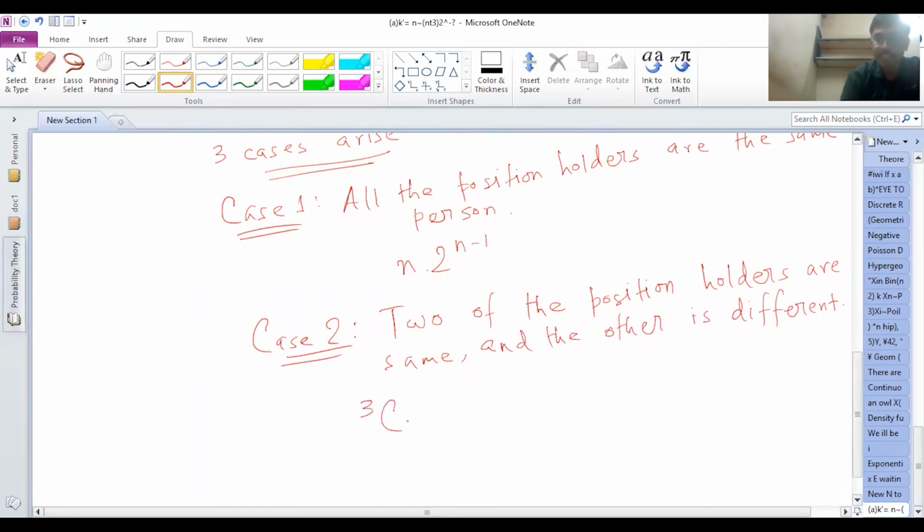That can be done in 3C2 ways. Now we have to choose the person who holds that position. That can be done in n ways. Next, we choose the person who holds the remaining position. That can be done in n minus 1 ways. As for the remaining n minus 2 people, they can either be in the committee or not. So the number of ways in which the committee can be formed is 3C2 times n times n minus 1 times 2 power n minus 2.